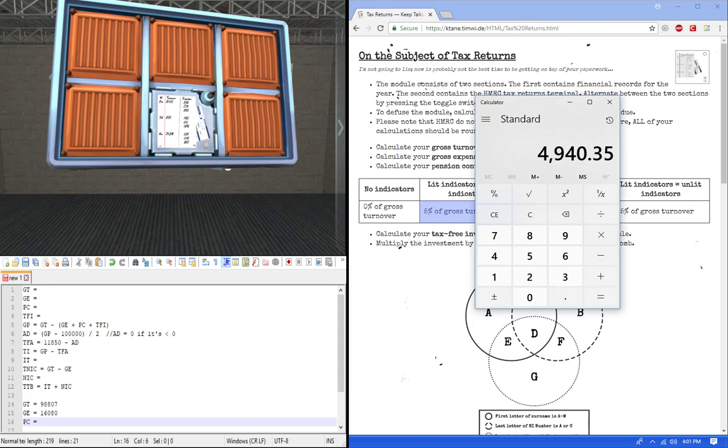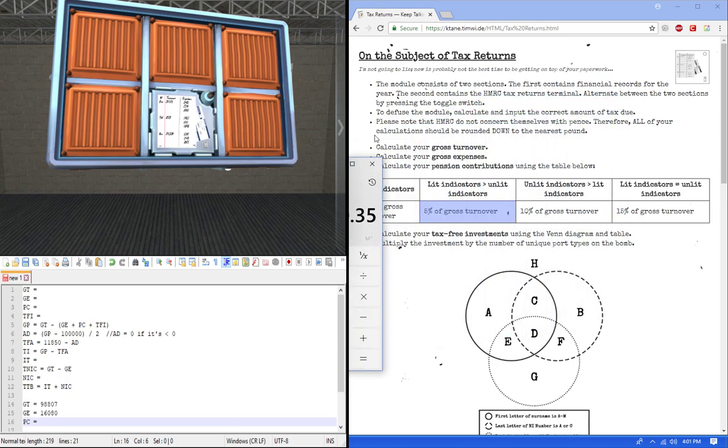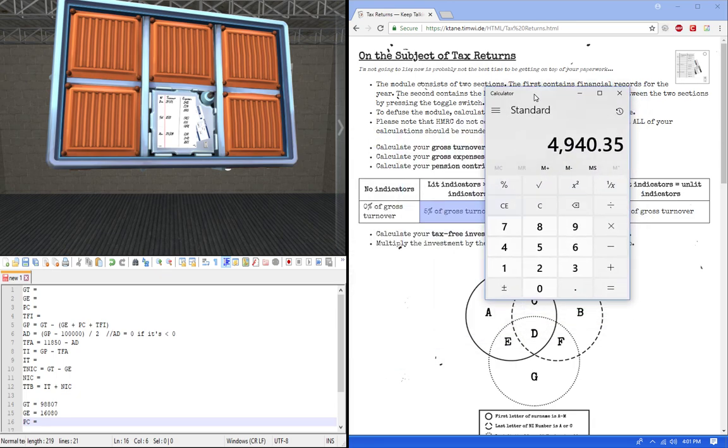And that comes around to 4,940.35. Now, please note that the HMRC don't concern themselves with pence. Therefore, all your calculations should be rounded down to the nearest pound. So we're only going to take the 4,940 portion of it, only the integer part.